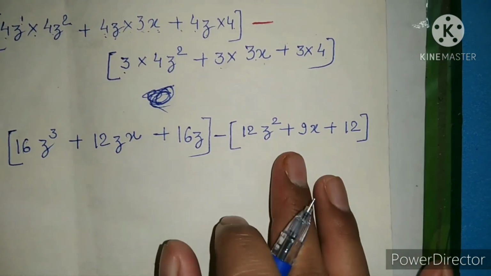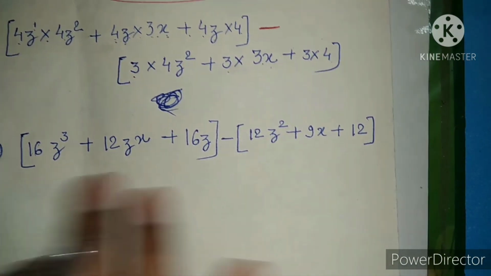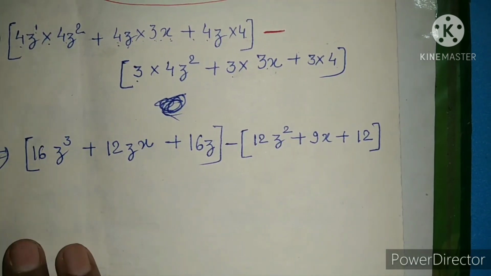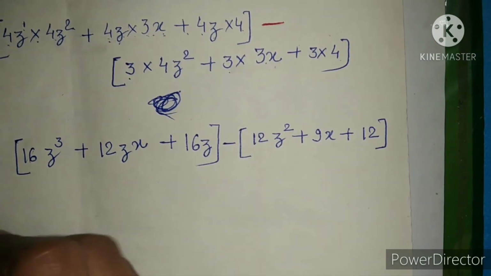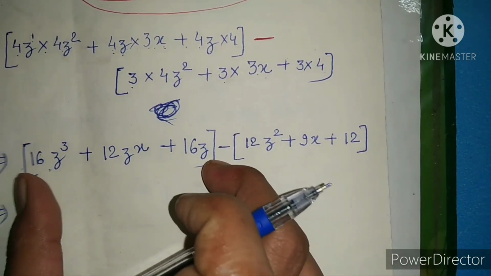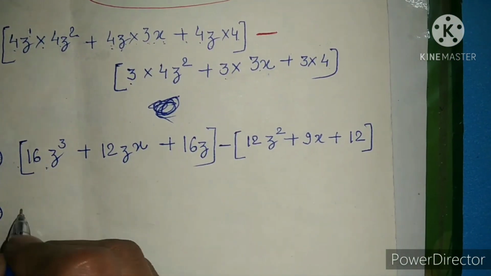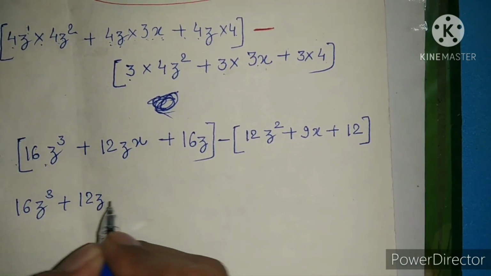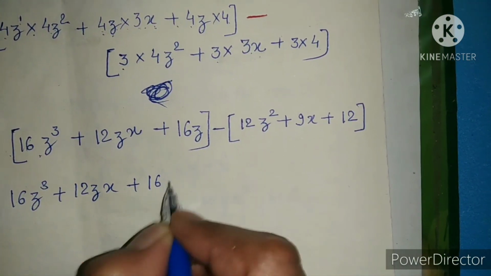All are different from each other. No term is a like term. That's why we are opening the bracket. Before that first bracket we have a positive symbol, so first bracket terms will come as it is. So 16z cube plus 12zx plus 16z.